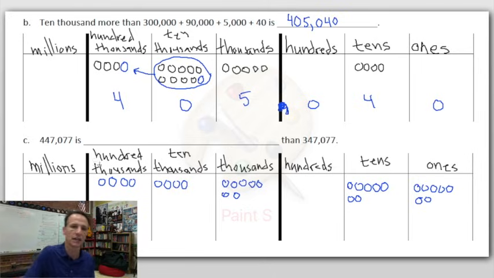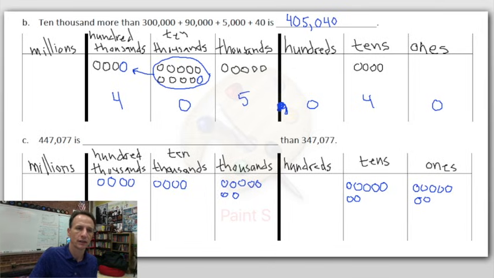Here's our change in the 100,000s place. That's where we need to do something. So in the 100,000s place, what am I doing to go from 400,000 to 300,000? Well, I'm obviously removing one of these 100,000s.